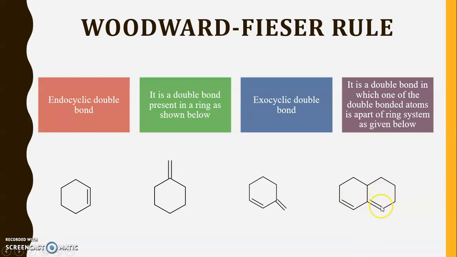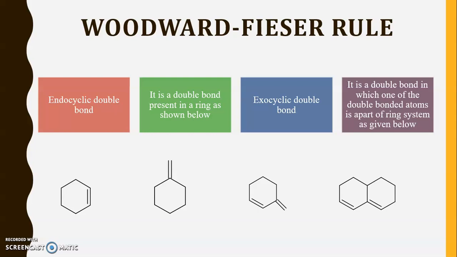Also, this double bond is exocyclic to this A ring because here one of the carbon atoms, this common carbon atom, is a part of this double bond and it is also part of this ring. That's why this bond is considered endocyclic for this B ring and exocyclic to this particular A ring. Means depending upon the position of the double bond, it may be endocyclic or it may be exocyclic to the adjacent ring that is present.